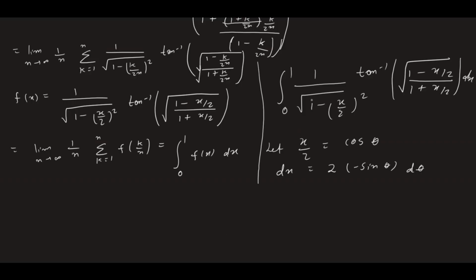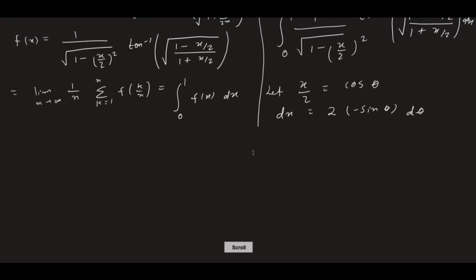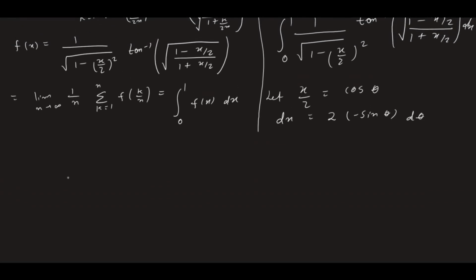Now when x equals 0, theta equals pi by 2. When x equals 1, theta equals cos inverse of 1 by 2, which is pi by 3.